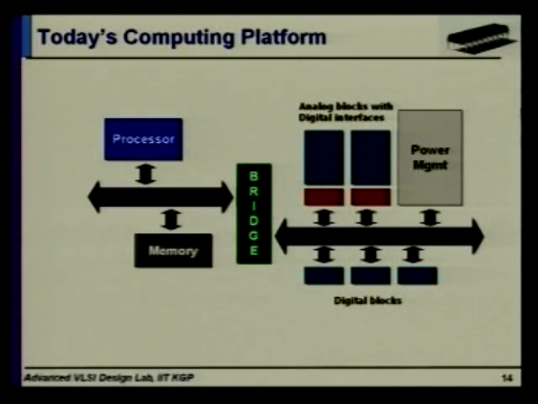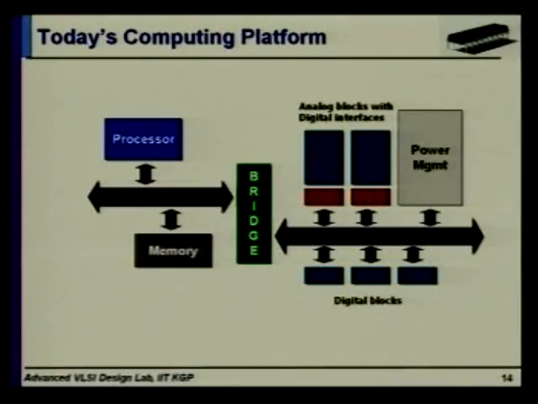Today this whole thing is going down into 1, 2 or 3 chips, packing all of this into 1, 2 or 3 chips. For example, if you look at Intel's MID architecture, MID is the mobile internet devices architecture, they have actually packed these things all into 3 chips.